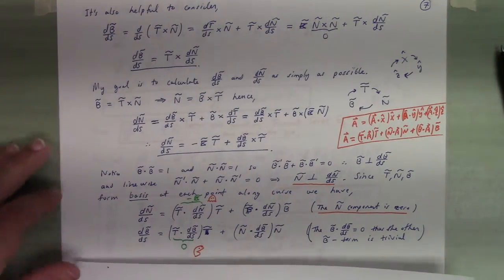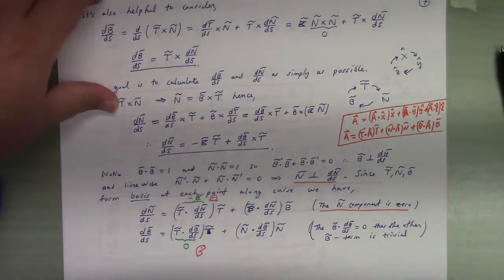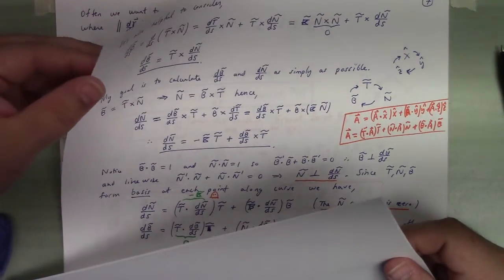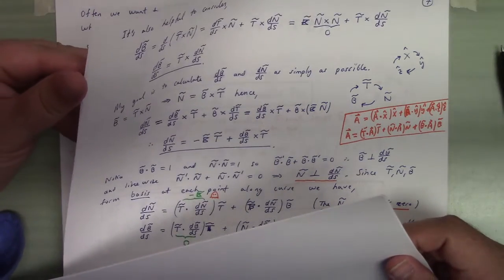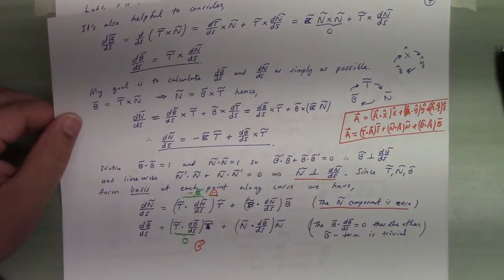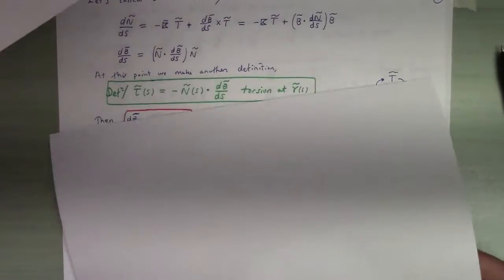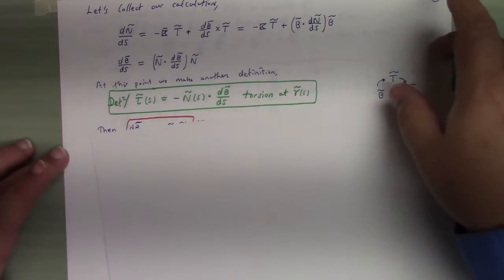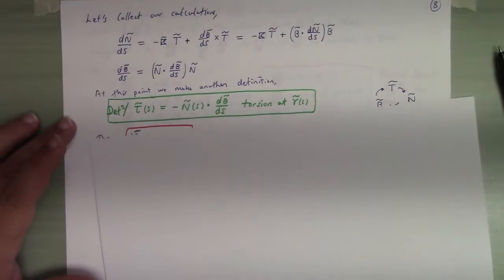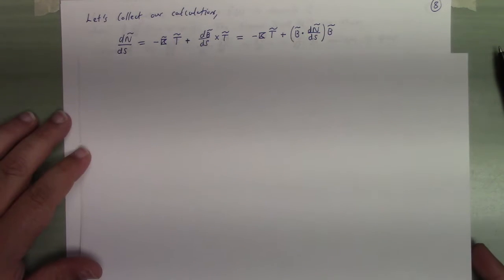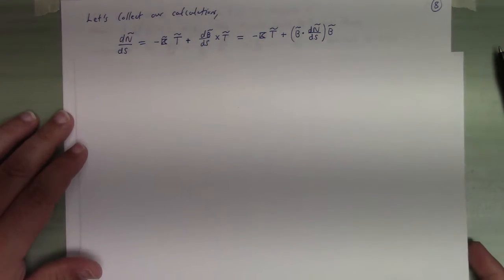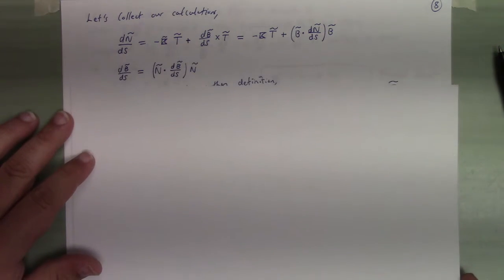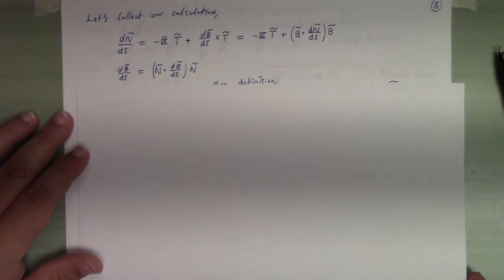And that leads us to make yet another definition. We can define the torsion as follows, because we've just learned that the change in the binormal is only in the normal direction. So, collecting the calculations once more: n prime is minus kappa t tilde plus b dot n prime b, and b prime is n dot b prime n.